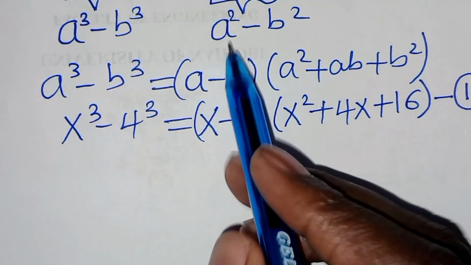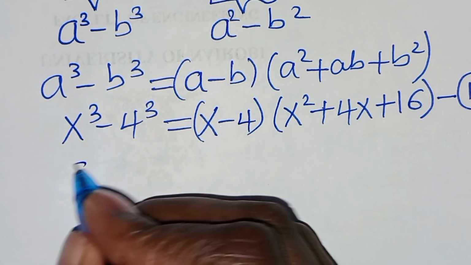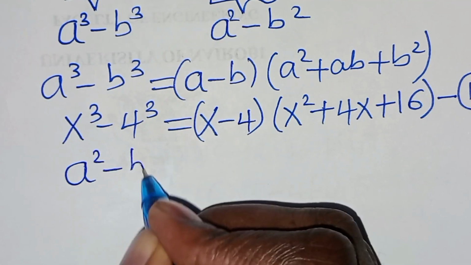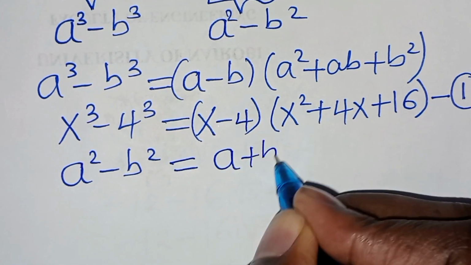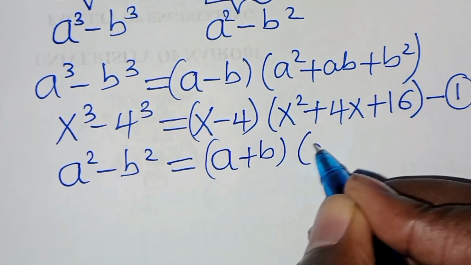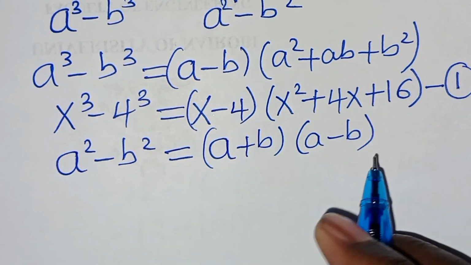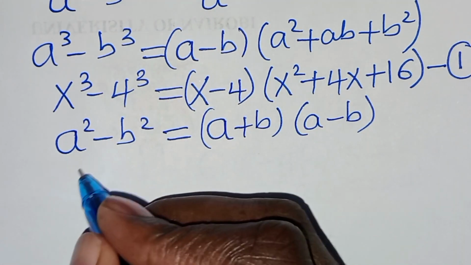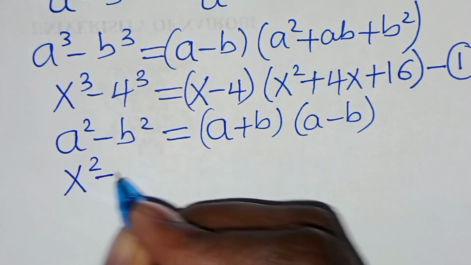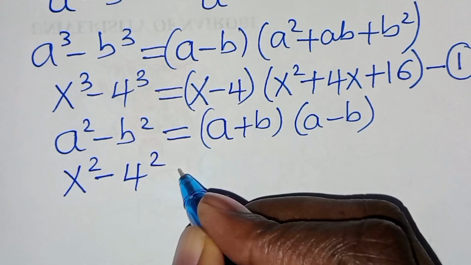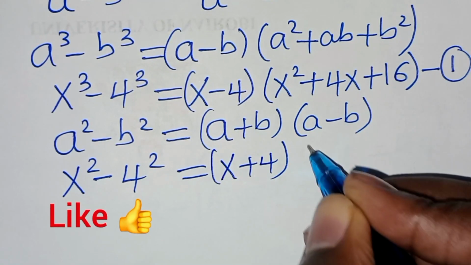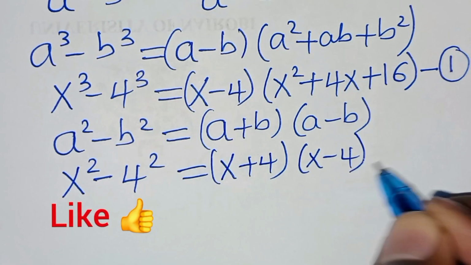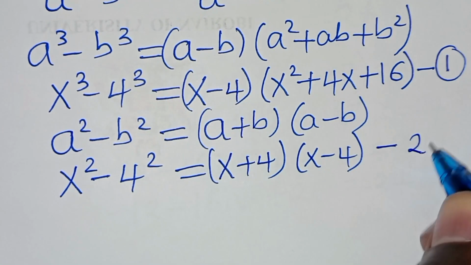The next part here is the difference of two squares, in the form of a squared minus b squared, which we can express as a plus b, a minus b. So x to power 2 minus 4 to power 2 can be expressed as x plus 4, x minus 4, and let's call this equation 2.